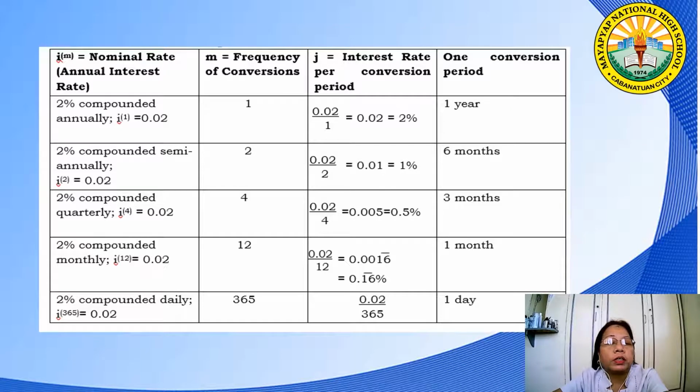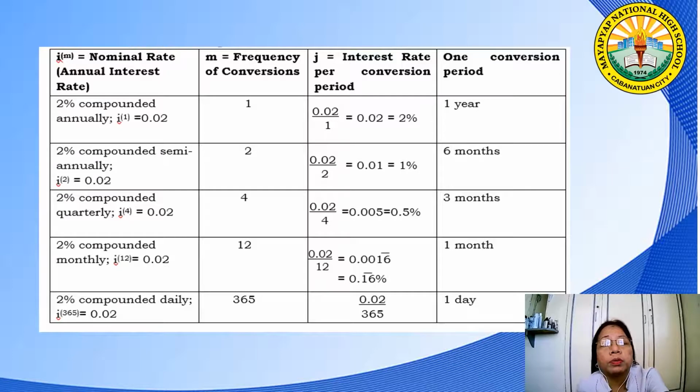For example, for 2% compounded annually, i^(1) means annual, no? Equals 0.02. Then the frequency of conversion is 1. For j, you divide 0.02 by m, the frequency of conversion, and that is equal to 0.02 or 2%, and one conversion period is 1 year.